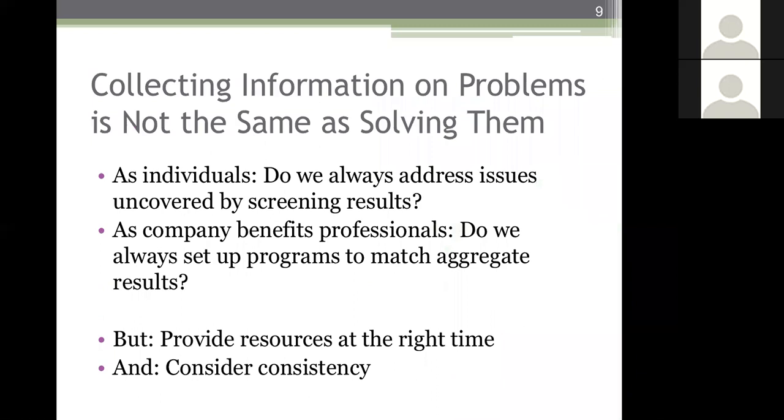I know this seems really obvious, but collecting information on problems is not the same as solving them. Just because you as an individual go to the doctor and get these fancy tests done, if you don't follow up on them, they're really not terribly useful. For example, I have been guilty of this. For years, I didn't address a concern that doctors brought up repeatedly.